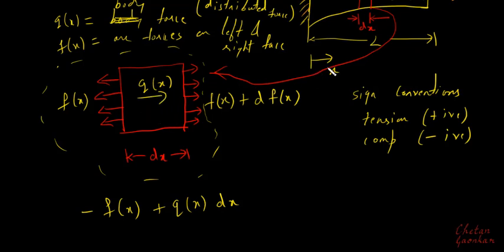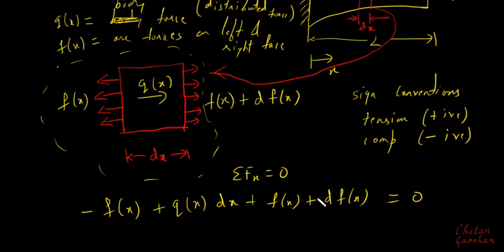Then q of x is in the direction of x, and since this is a distributed force per unit length, we have to multiply it by the length, which gives us the actual force in the positive x direction. Also, on this face we have a force f of x plus d f of x acting, and the summation of all these forces should be equal to 0. This is nothing but the summation of forces in the x direction equal to 0, or the equilibrium equation.